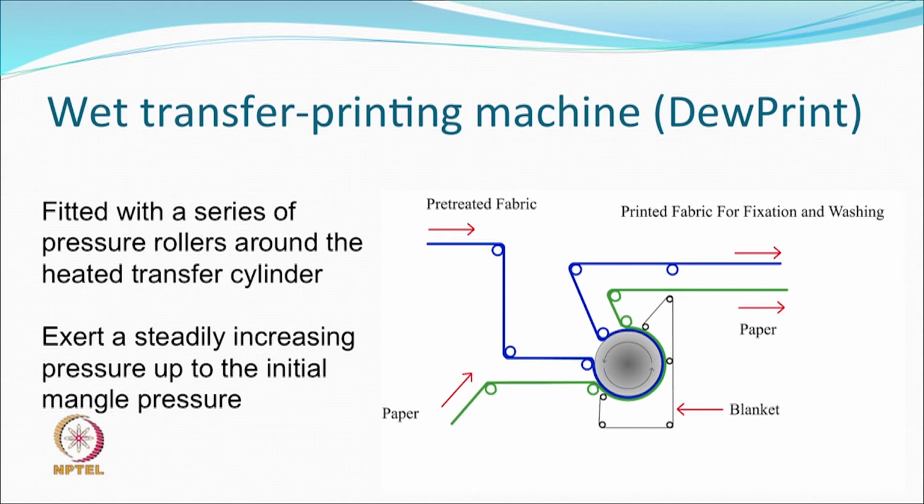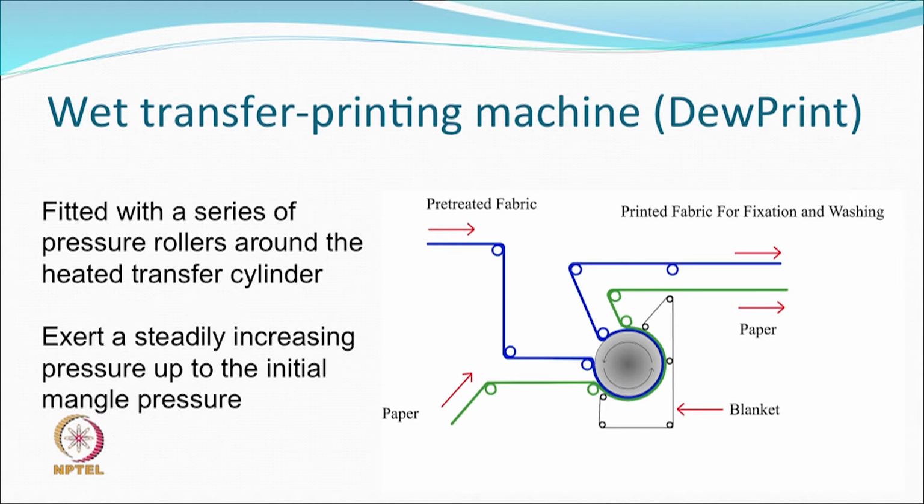So, exerting a steadily increasing pressure up to the stage which was equal to the pressure of a padding mangle, because there is a pre-treated fabric. So, whatever you wanted to add to the fabric, you do a padding treatment. So, you apply some pressure and get some expression.